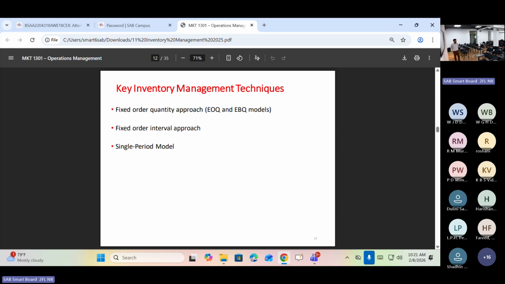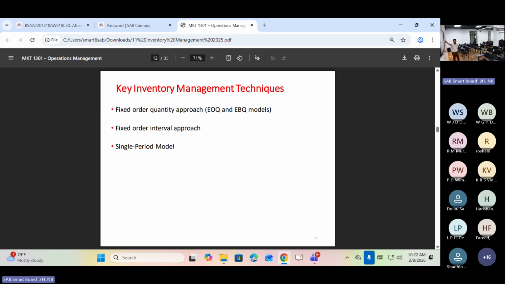In addition to that, for some inventories, in some industries, there is an approach we call the fixed order interval approach, that we will not discuss today in this program. And in addition to that, there are other inventory models like single period models.